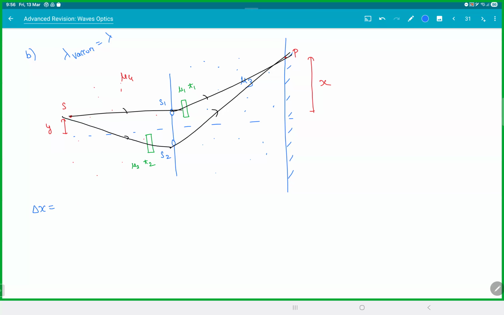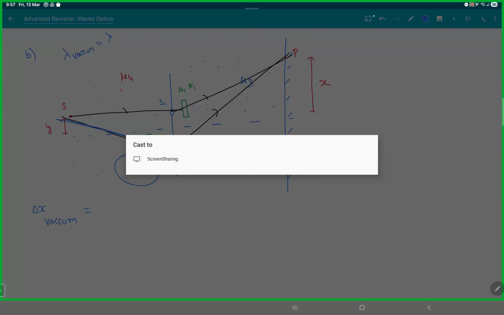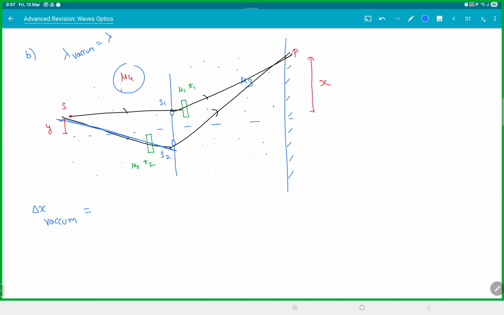When you go from S to S2, you are traveling through a medium, not through vacuum. So what medium are you traveling in? We are converting the path difference in terms of vacuum. So when you travel from S to S2 in mu4, it is equal to traveling a distance of mu4 into SS2 in vacuum. Is that making sense? Agreed?